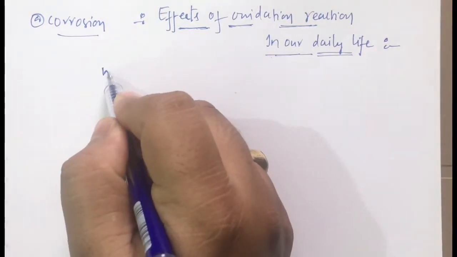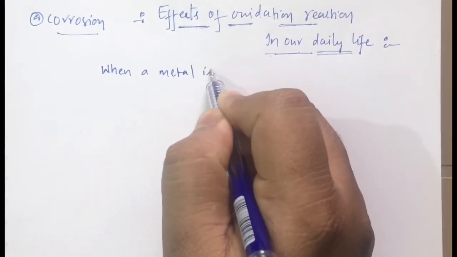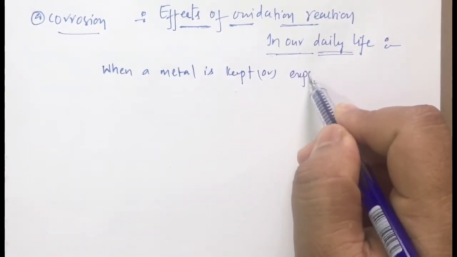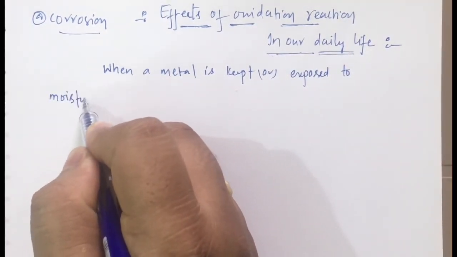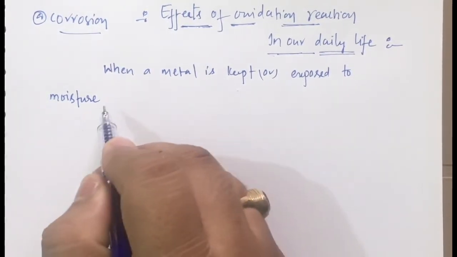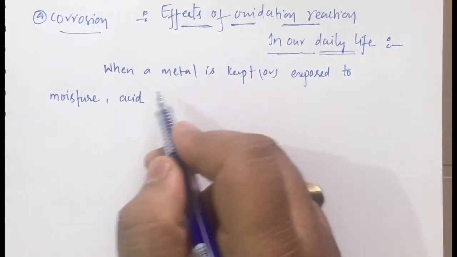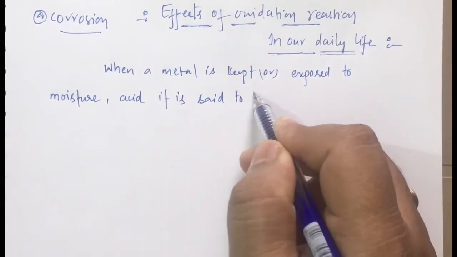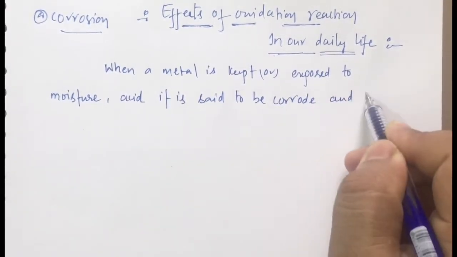You might have noticed the color of the coating on copper and silver. So when a metal is kept or exposed to moisture, any metal, you take iron, copper, zinc, whatever the metal, when it is exposed to moisture or acids, it is said to corrode, and this process is called corrosion.